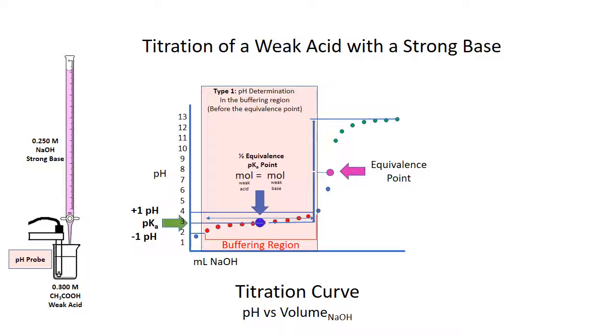The equivalence point is often what you are seeking when you're doing a standard strong acid, strong base titration. You're looking for the equivalence point, and the reason is because at the equivalence point, the moles of the weak acid that you had to begin with will be equal to the moles of the strong base that you've added. Now, this isn't like the half equivalence point. The moles of base in this case are the moles of the strong base, sodium hydroxide.